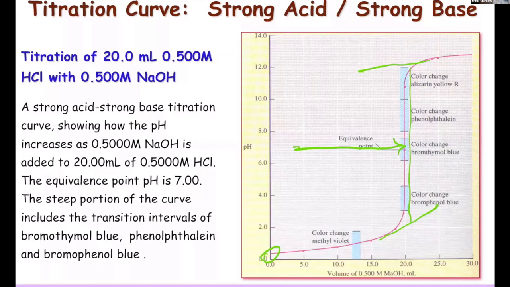Their conjugate does no chemistry. What's left in that solution? Just water. What's the pH of water? 7 at 25 degrees. That's why this thing has to go through 7 at the equivalence point, because you have neither excess acid or excess base. The chemistry is based on water. The pH of water at 25 degrees is 7. It has to go through 7.